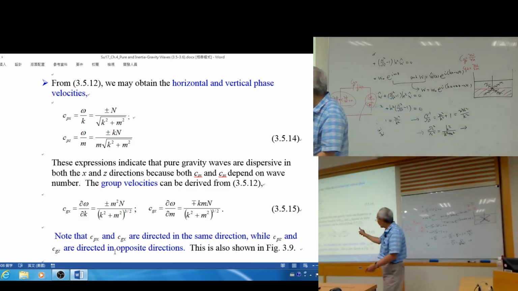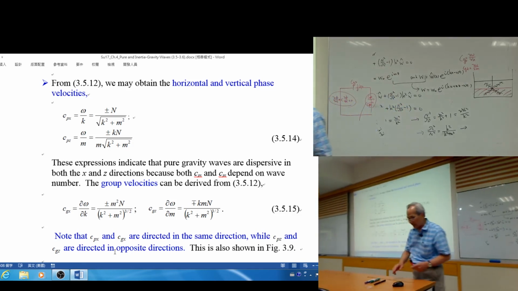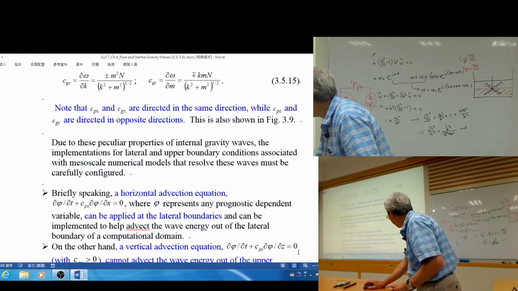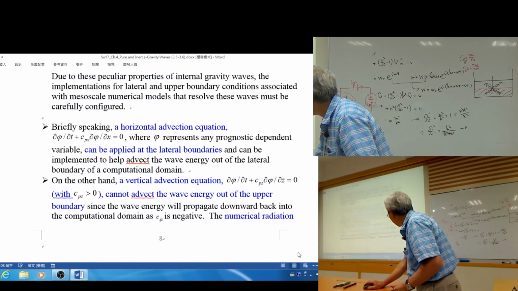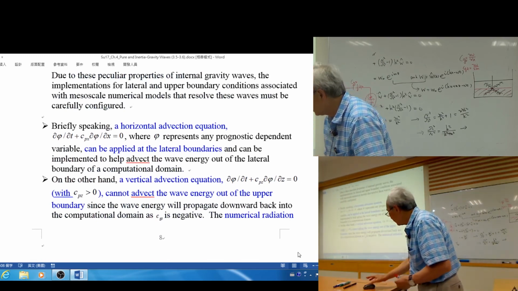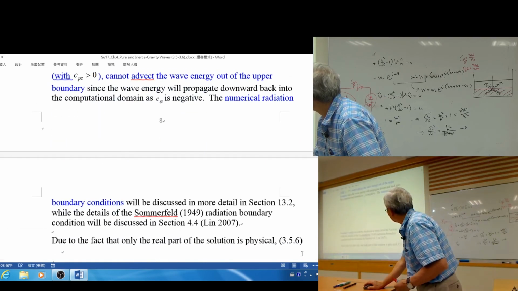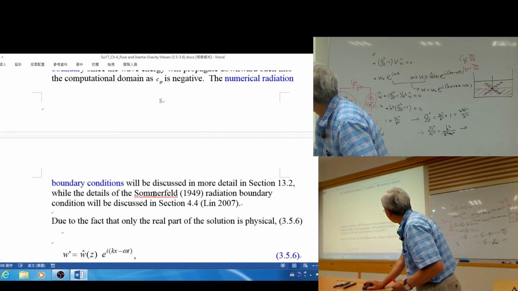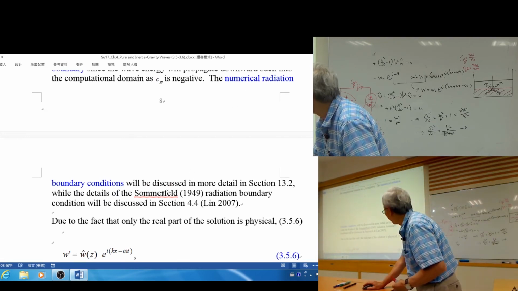So that's a strong application to the numerical model NWP. I have explanation here. Please take a look. If you have questions, let me know. And this upper boundary condition is called Sommerfeld radiation boundary condition, because it was proposed by him.